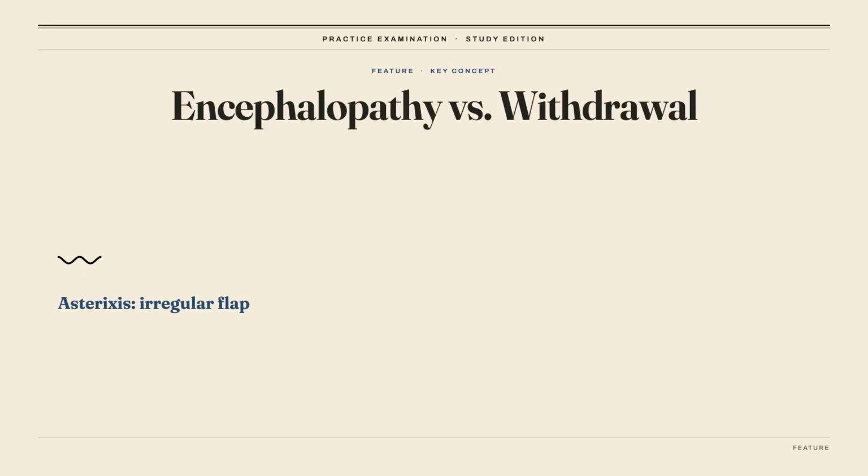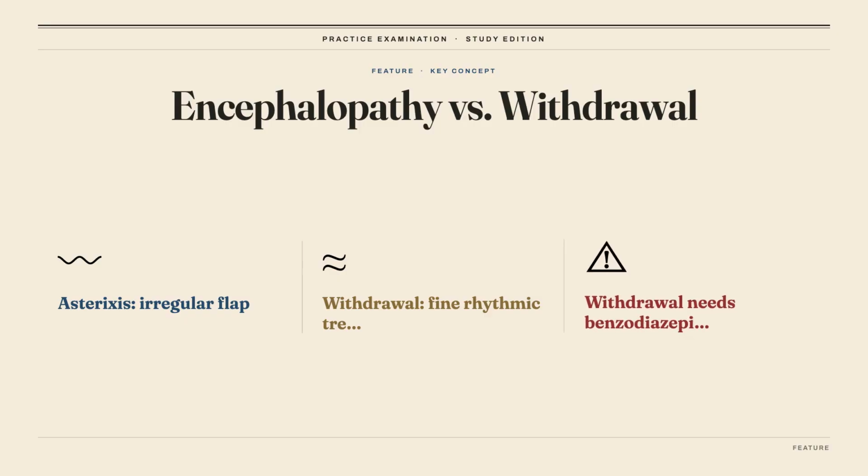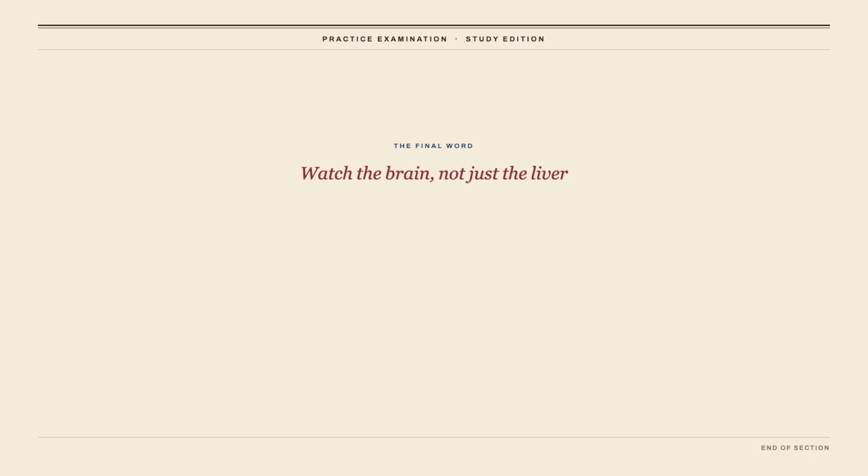Alcohol withdrawal is easily confused with hepatic encephalopathy since both cause confusion and tremor, but withdrawal produces a fine, rhythmic, sustained tremor with autonomic hyperactivity, unlike the irregular flapping of asterixis. This distinction matters because withdrawal is treated with benzodiazepines, while those same drugs worsen encephalopathy and mask the very neurologic status clinicians must track.